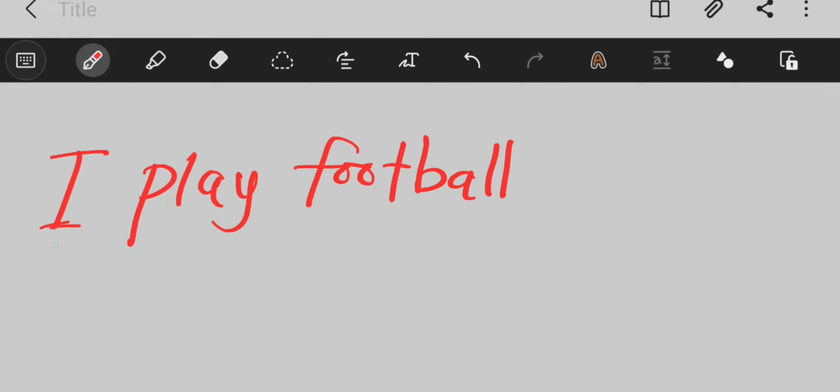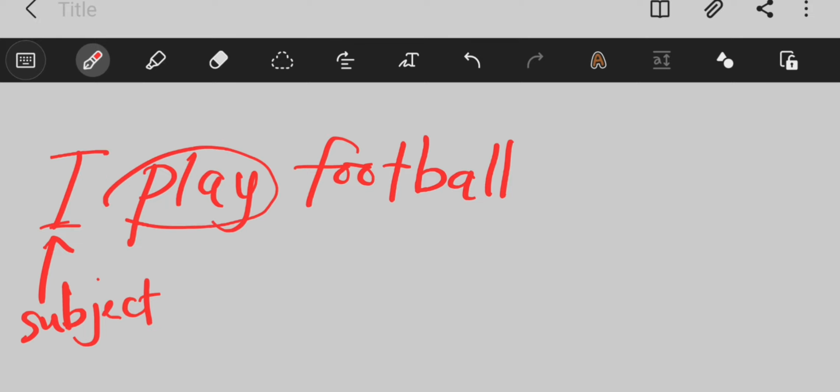See the subject here. The subject here is I. If you notice, it is only one person, right? One person. But why doesn't the verb here have any S? This is a good thing for you to know.